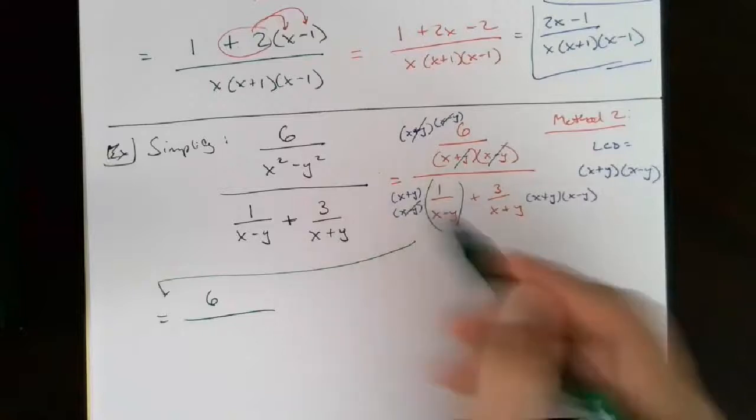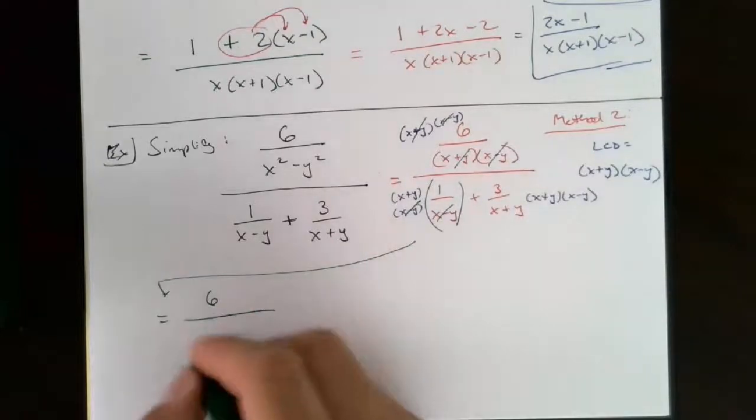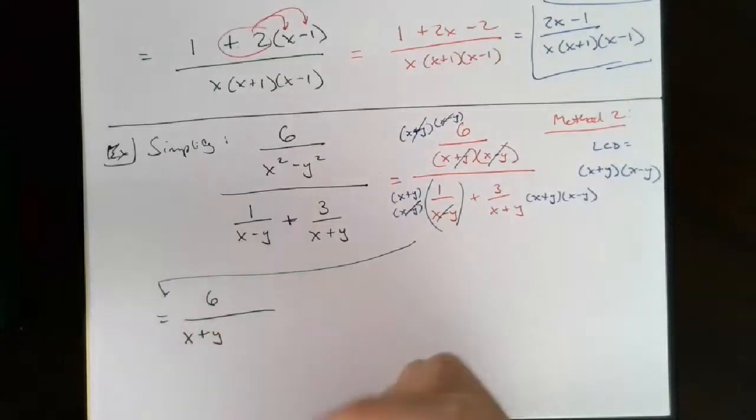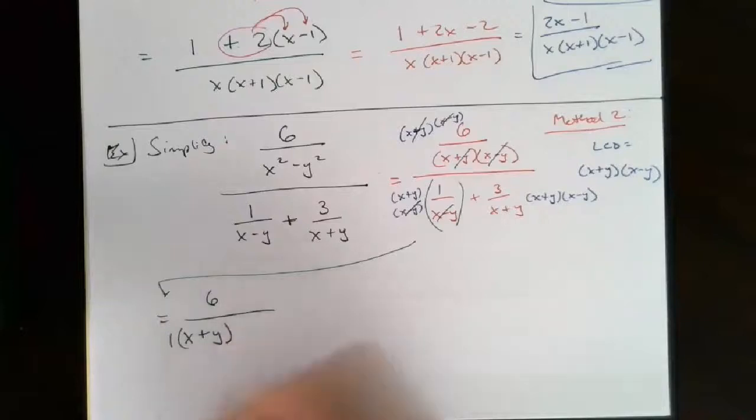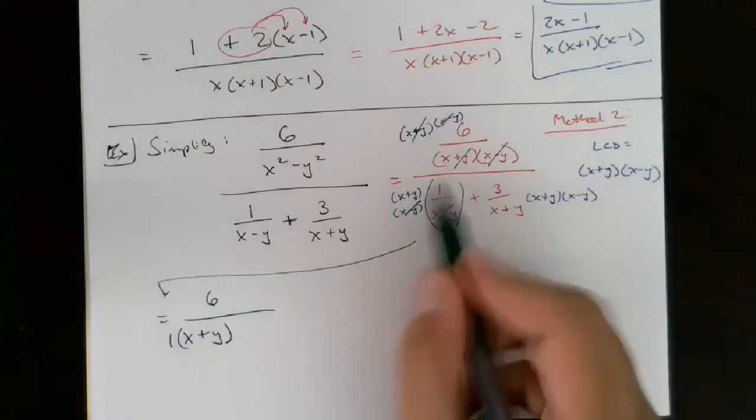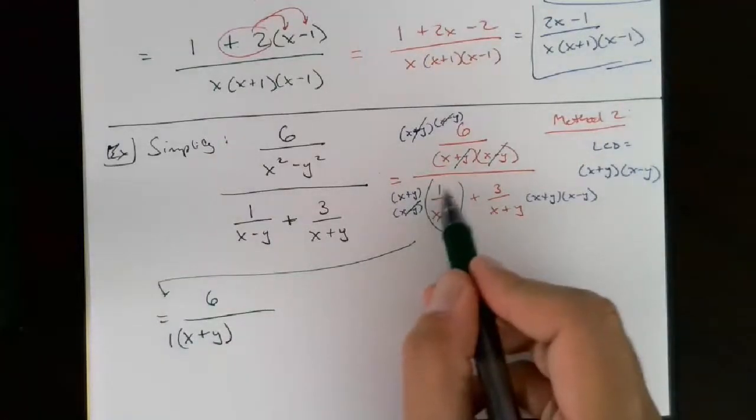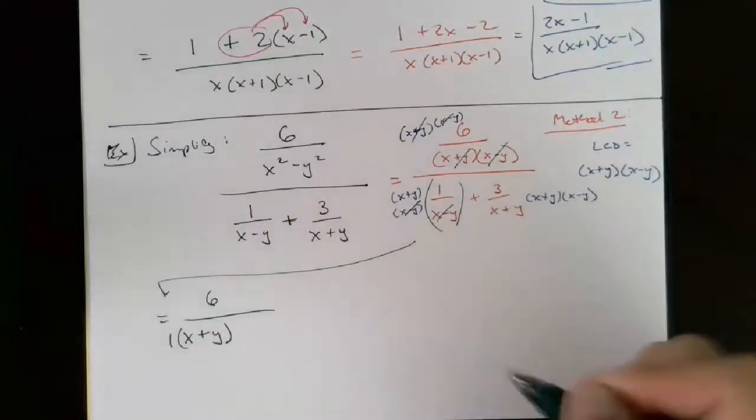Well, the x minus y's will cancel, leaving x plus y times 1, which anything times 1 is itself. So this is just x plus y. If you want to see it, I can write the 1 here just in case you don't realize there's a number that you would multiply through normally if it was any other whole number value here. In this case, we're multiplying by 1 because it's 1.